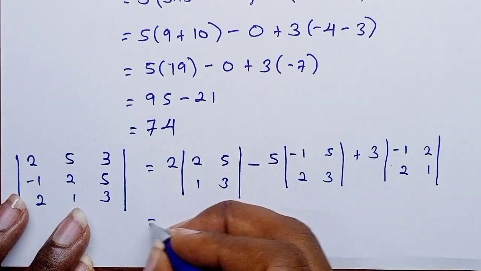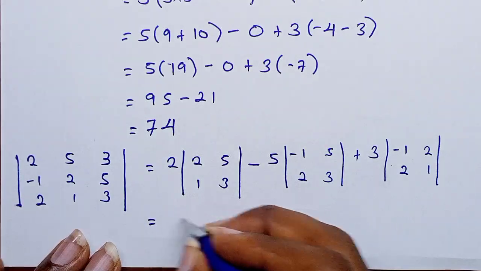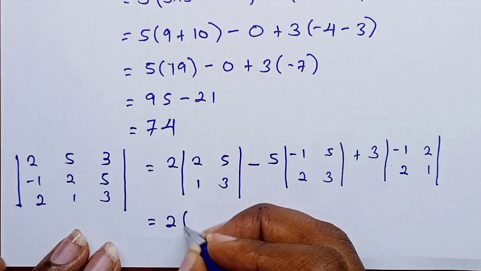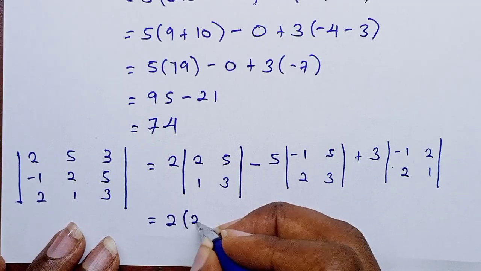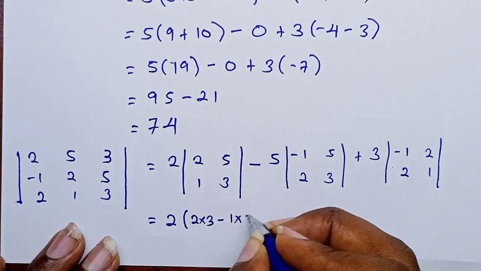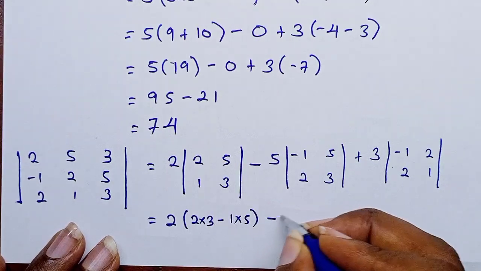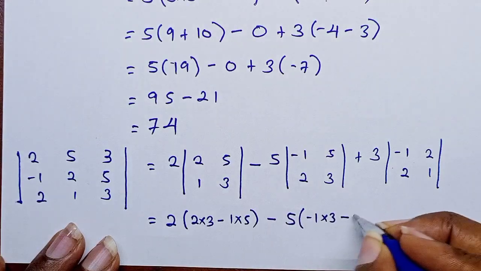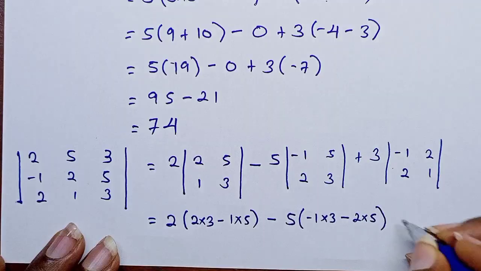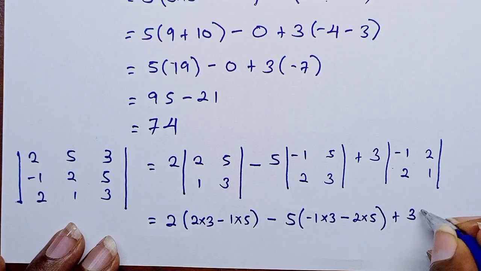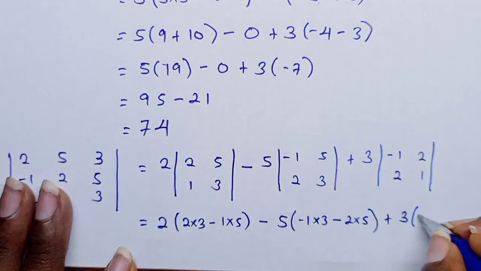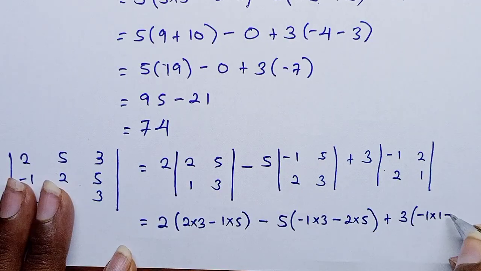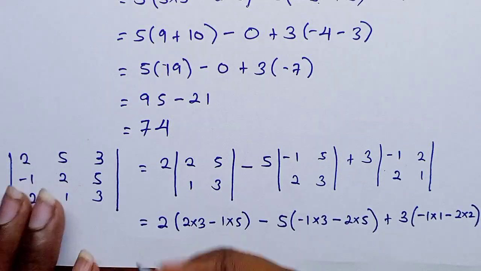This would be equal to 2 into (2 times 3 minus 1 times 5) minus 5 into (negative 1 times 3 minus 2 times 5) plus 3 into (negative 1 times 1 minus 2 times 2).